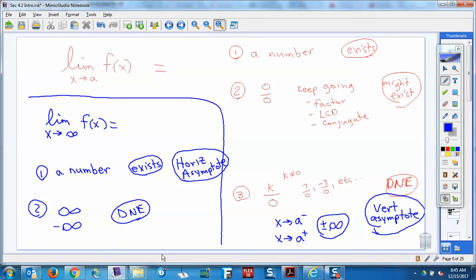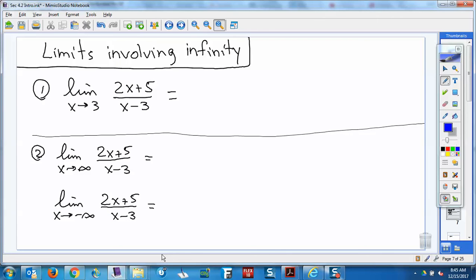Those are the two possibilities. That sums up the things that can happen. So let's see what that looks like with some equations.